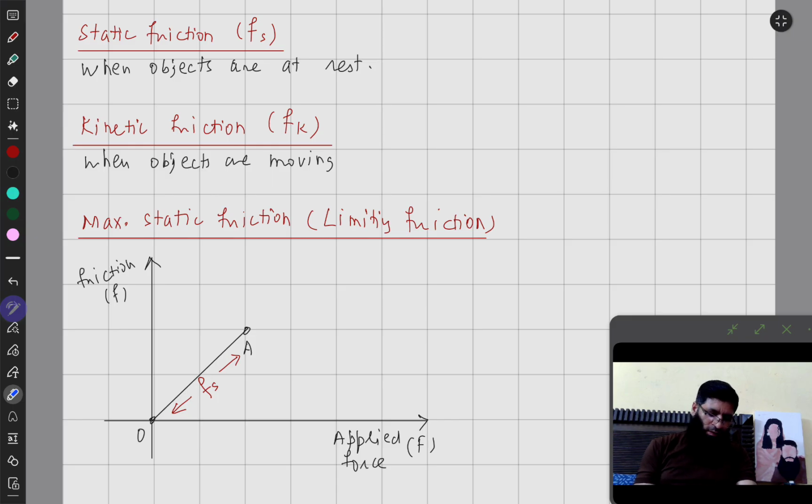But let's suppose this is the point where you have maximum static friction. After this point, look at the graph, it will become like this. Now this is the kinetic friction.